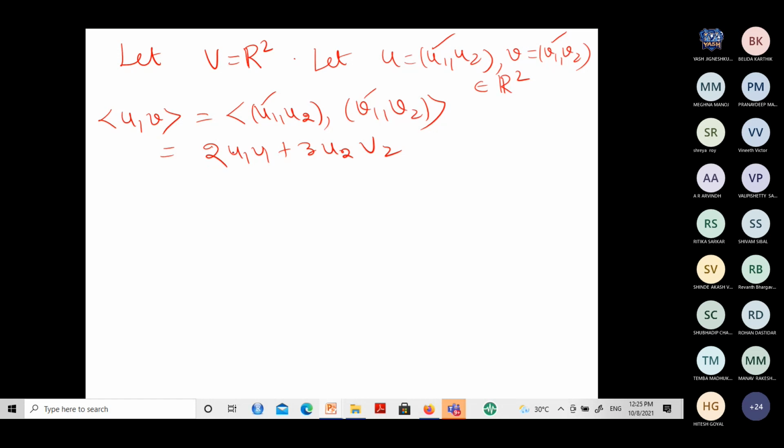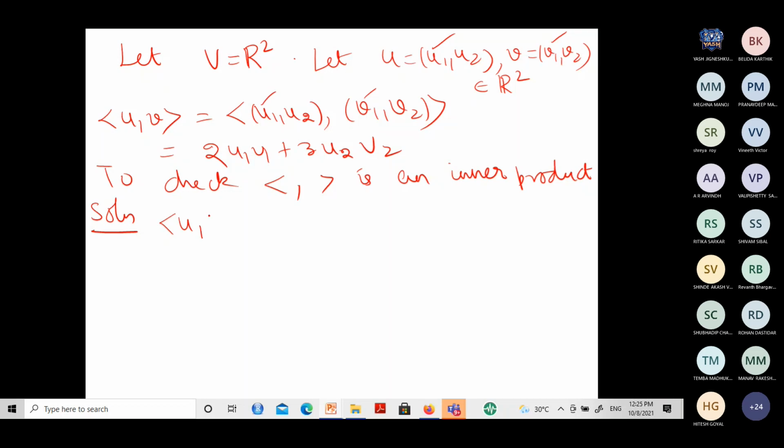Right? I need to check whether this is an inner product. How do you check whether it is an inner product? Solution. We need to check the 4 rules that is being satisfied or not, right?